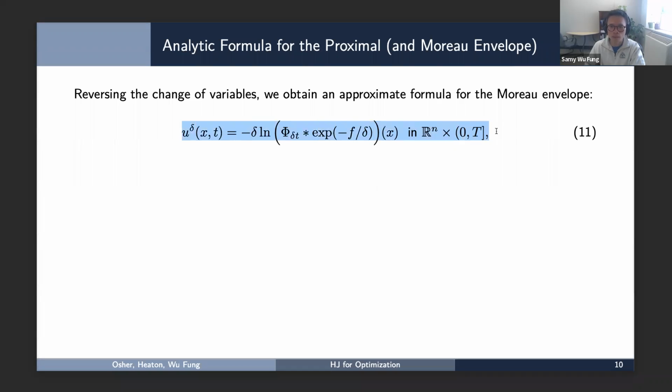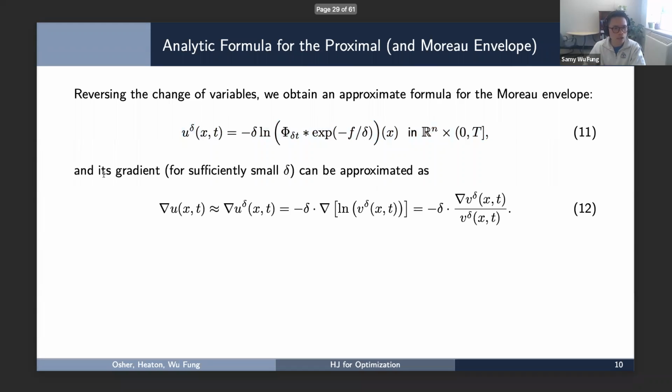So I can differentiate this with respect to x and get again an explicit formula for the gradient of U. I'm going to assume that for delta sufficiently small, this is going to be a good approximation, and I'll talk more about this. Essentially, I can now approximate the gradient of the solution to the Hamilton-Jacobi PDE, or the gradient of the Moreau envelope, using the gradient of the approximate solution of the Hamilton-Jacobi PDE.